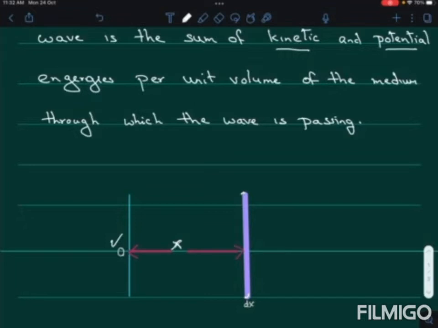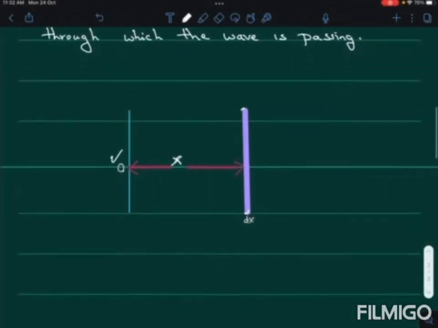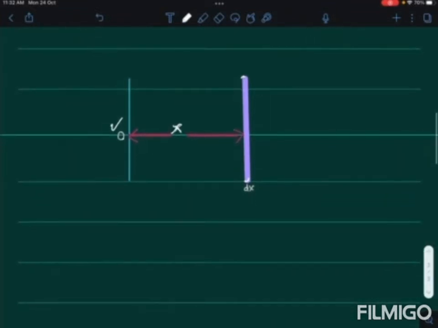Here we assume that rho is the density of the medium.